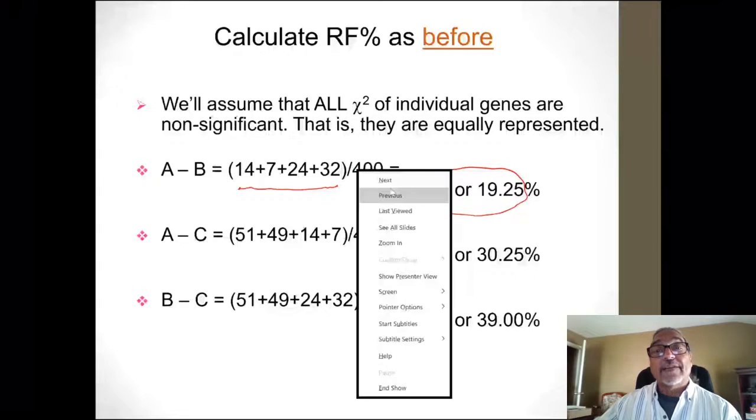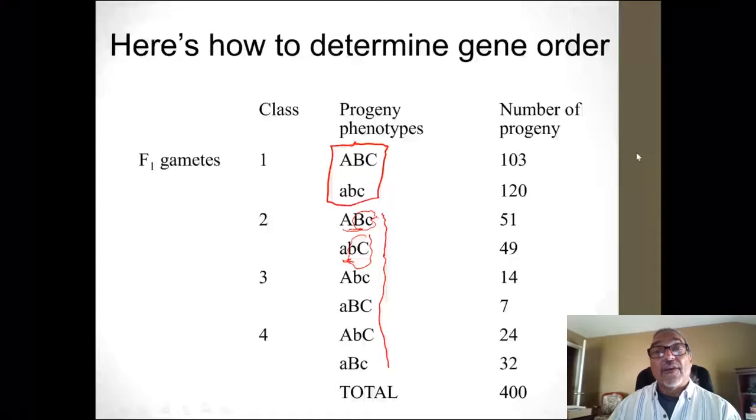If you want to go back a slide and take a peek at what that looks like, you can see which individuals are recombinant for A and B. These are non-recombinant, non-recombinant, non-recombinant, non-recombinant.